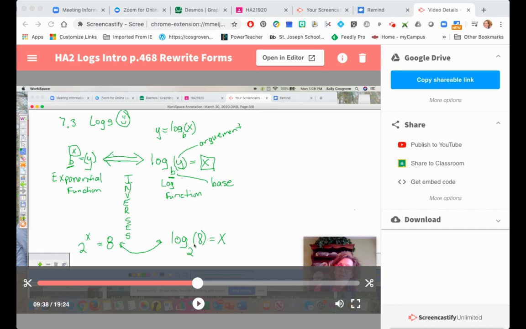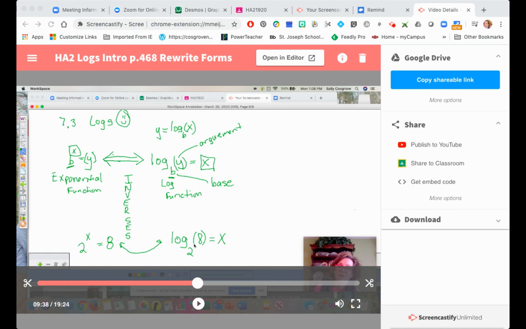And notice it doesn't equal anything, so we need to put something over there. Well, log base 3 of 81 equals y, x, something. What does it equal? We need to try to figure that out. So let's think about the definition of a logarithm, because right now we're not quite so sure about that.